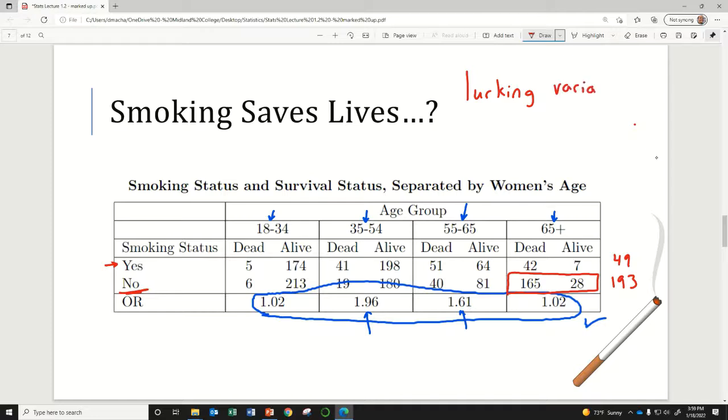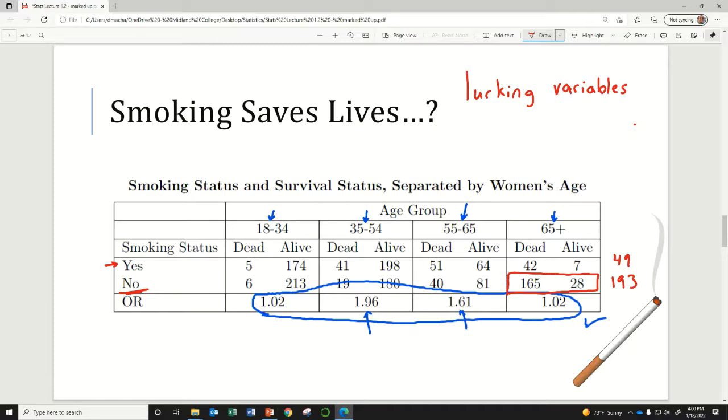And lurking variables are things that usually the researcher is unaware of, but the lurking variables can explain the results of your study, your survey or your experiment, and kind of ruin your conclusion here, right?